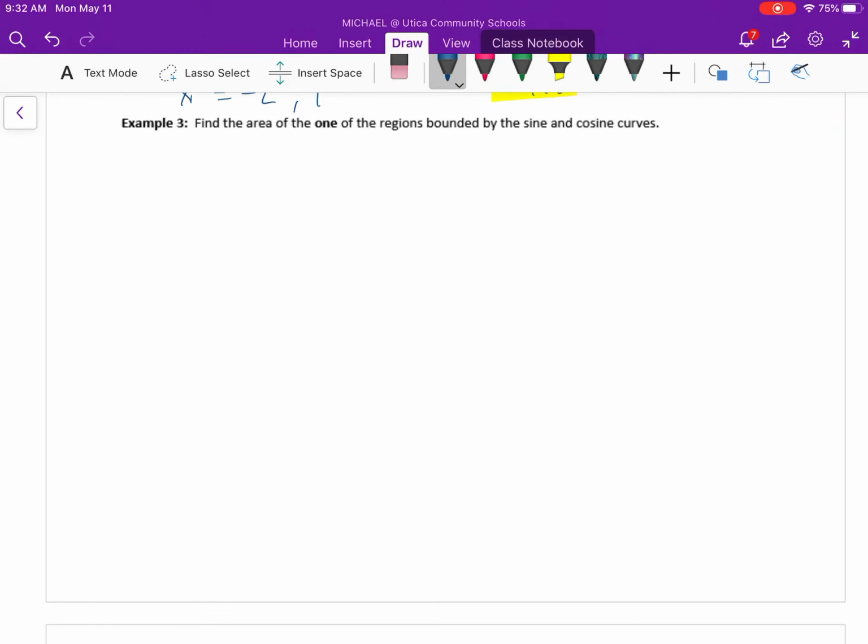Okay, let's try example 3. It says find the area of one of the regions bounded by the sine and the cosine curves. So step 1 is to graph. I will graph the sine function. Then I will graph the cosine, which starts at the top.